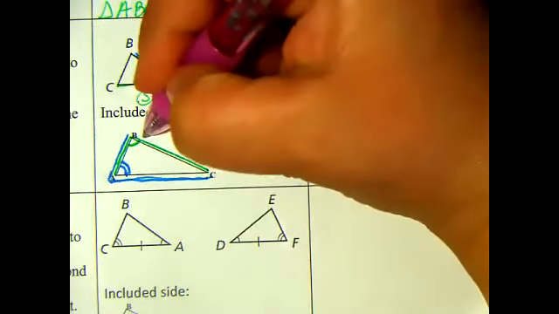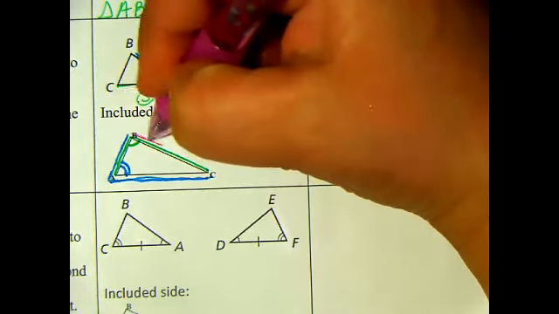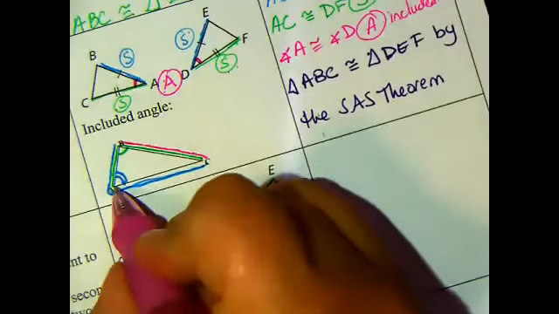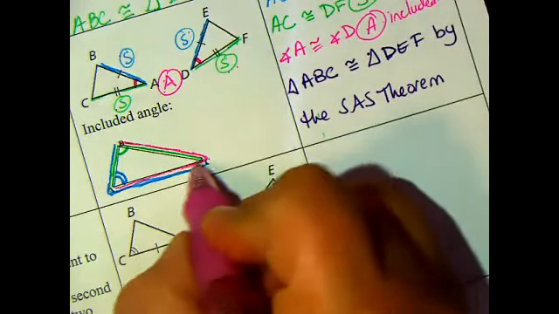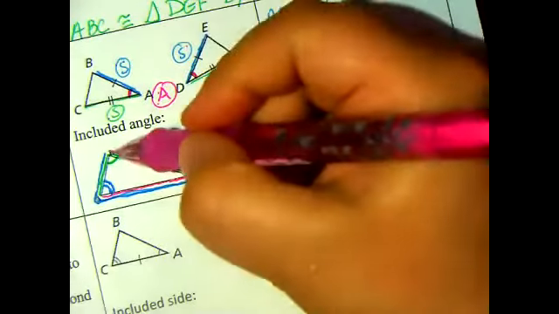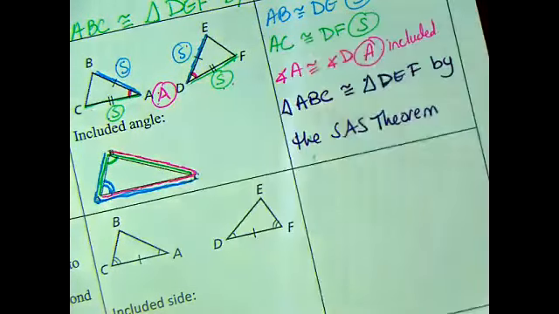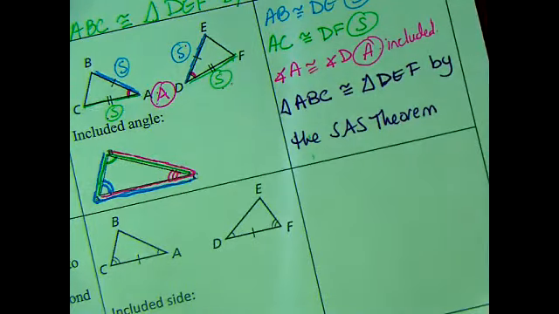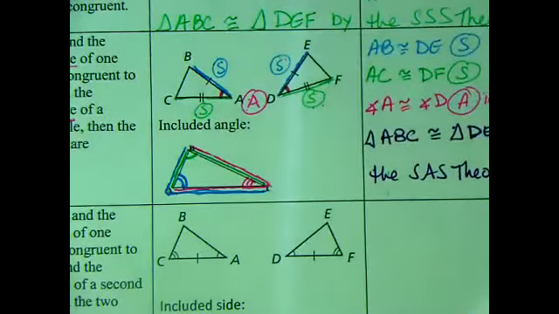If I were using side BC and side AC, then the included angle would be angle C right there. Oh, I apologize for the crookedness there.